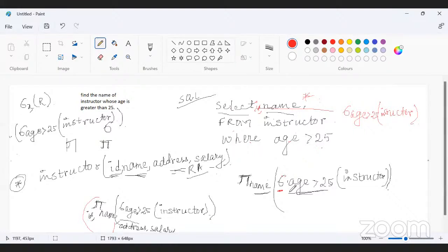No, this is an expression, so you can read it out like this. There is no particular way to read it.